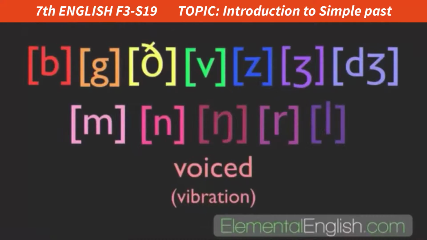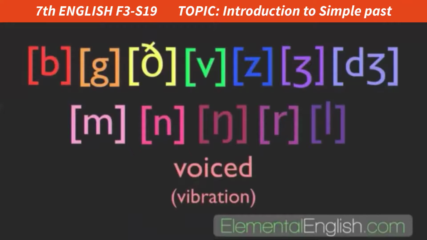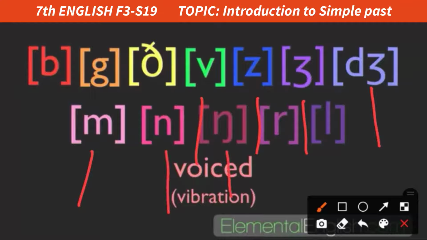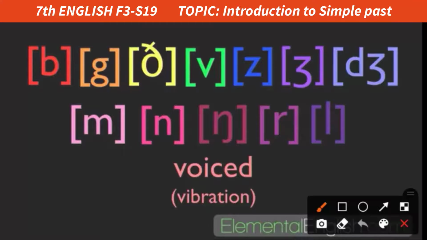For example, b, g, v, z, j, n, all those cause vibration. Haga el mismo ejercicio que le dije. Póngase la punta de los dedos en el cuello, en el hoyito donde le dije, y trate de pronunciar estas palabras a ver si estos sonidos a ver si siente vibration.